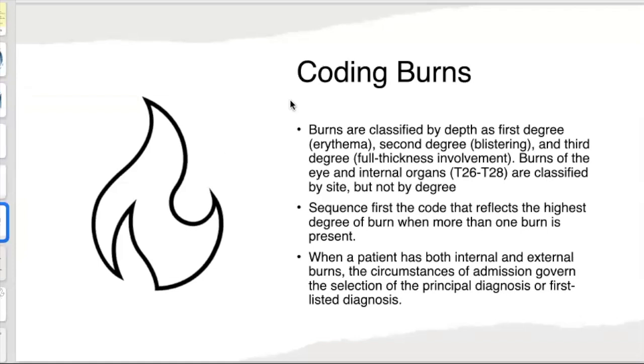Okay, so let's talk about the first one here. Burns are classified as to the depth, meaning the severity of the burn is identified by how deep in the layer of the skin is affected by that injury.